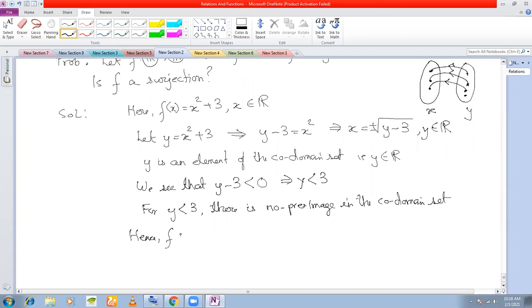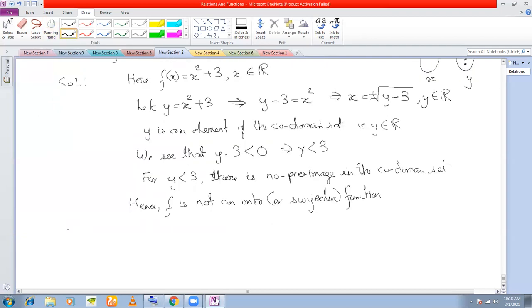Hence, f is not an onto function or surjective function. Is this example clear? Okay, so you need to be a little careful with this. Let us take another example and the last one for surjections. We'll move on to bijections next.